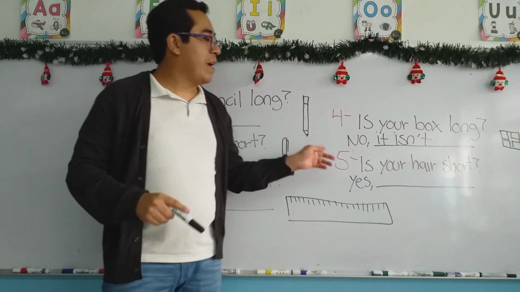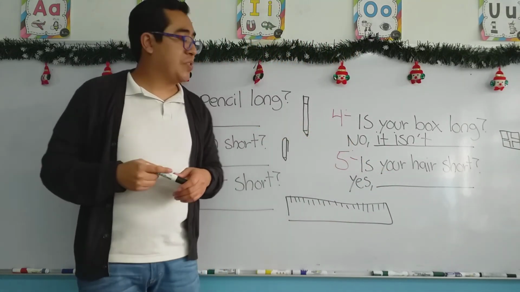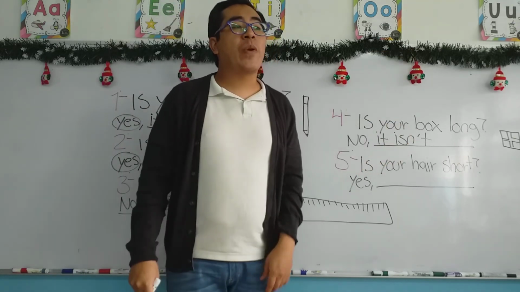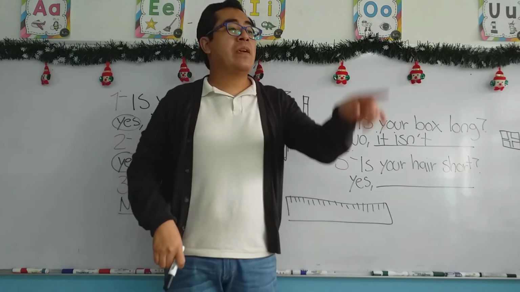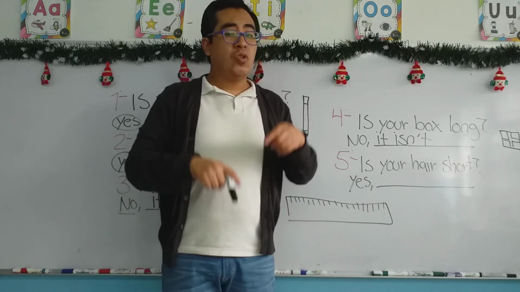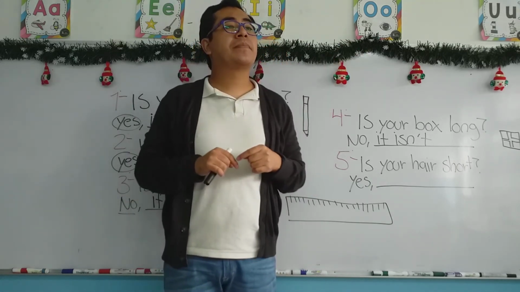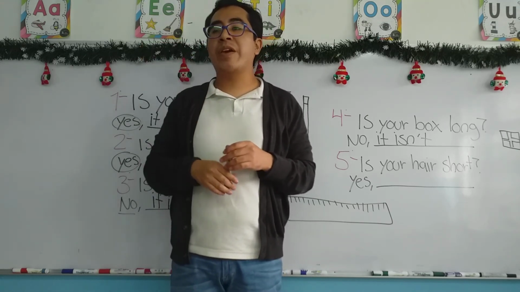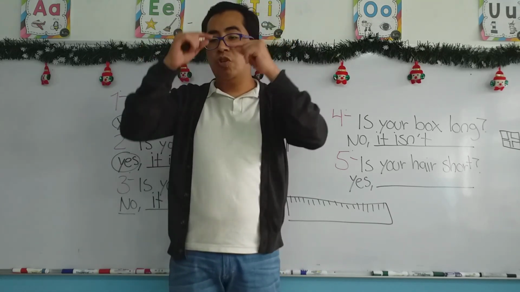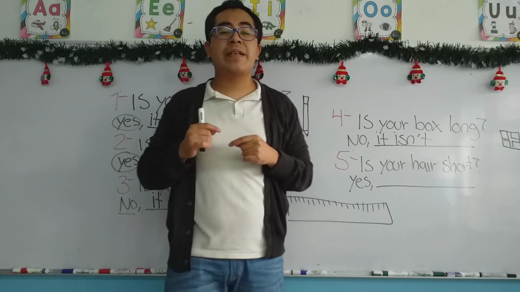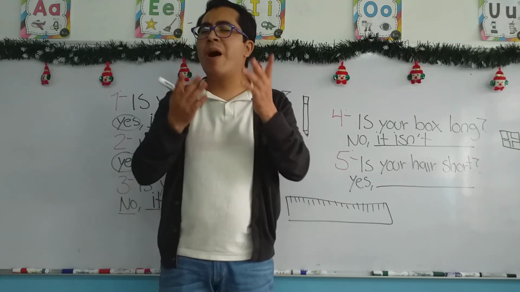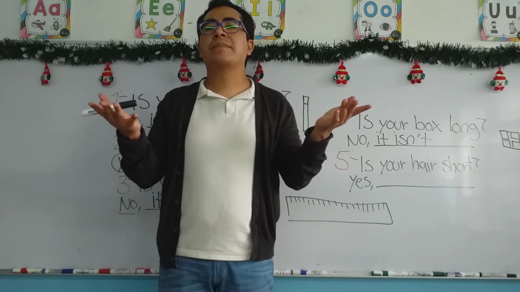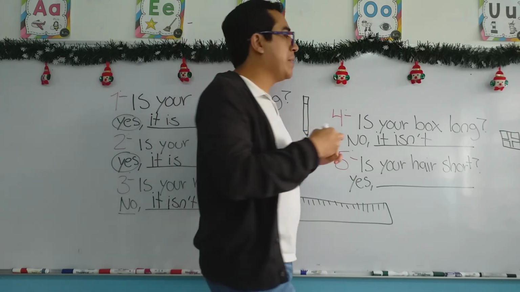And number 5, the question says, is your hair, remember parts of the body, is your hair short? Is your hair short? And the answer is yes. Yes, what? It is.